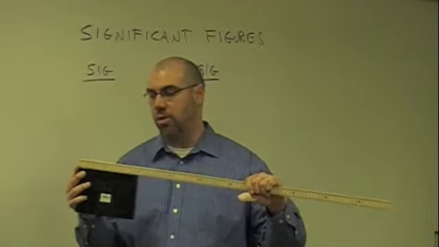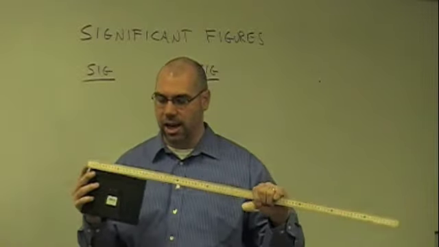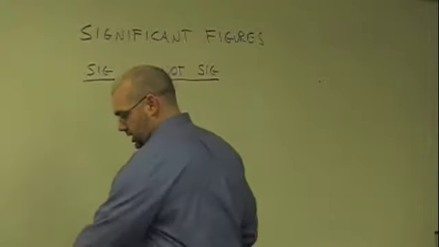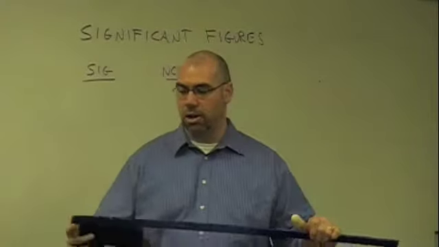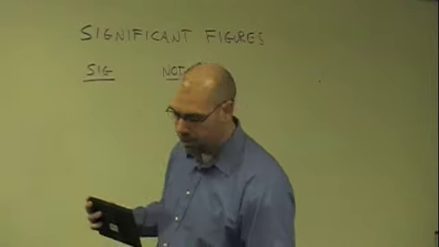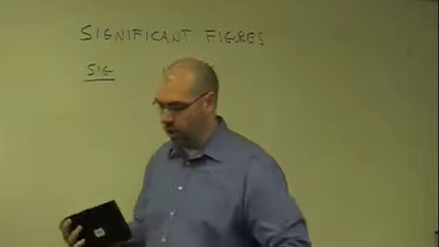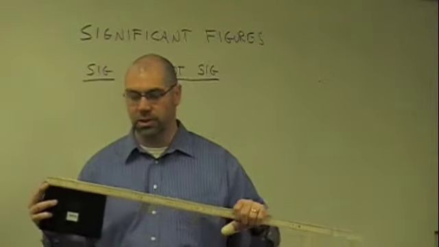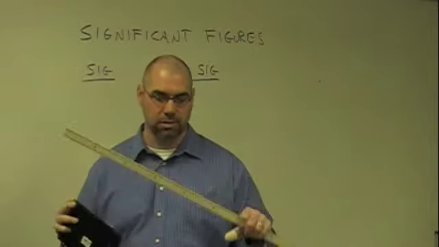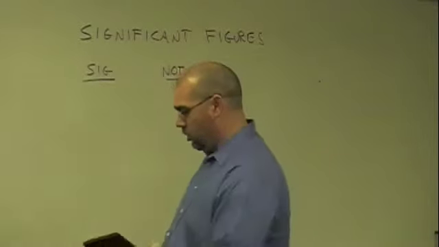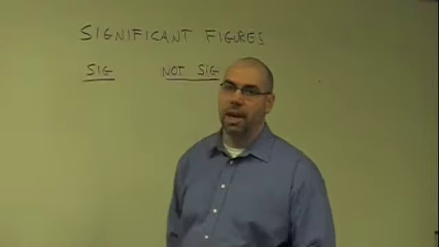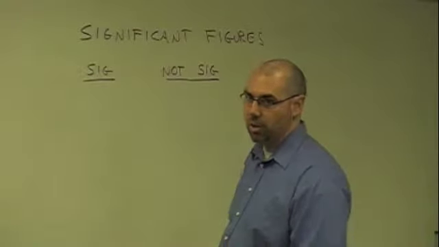So when I write down my measurement, let's say it hits right at 20 centimeters, if I eyeball it and say that looks like 20 centimeters, I have to show that differently than if I use this tool and say it hits exactly on 20 centimeters, which it doesn't, but just for discussion. We use sig figs because in science we have to say where our measurement came from and what level of uncertainty we went with.